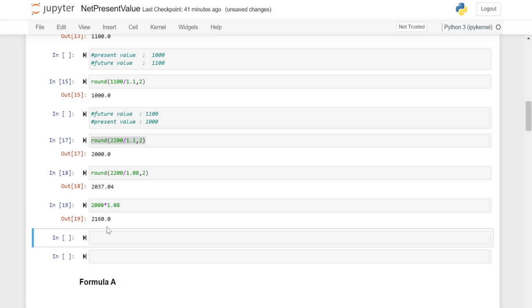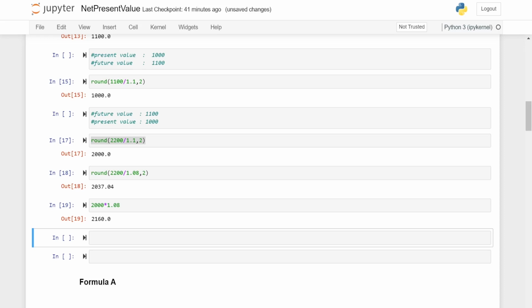Whereas this project is giving us 37 rupees 4 paise more. Look, with 10%, net present value is 2000. With 8%, it is more than 2000. That means 37 rupees 4 paise is extra over and above what we would have earned had we kept this money with the bank where the interest rate is 8%.